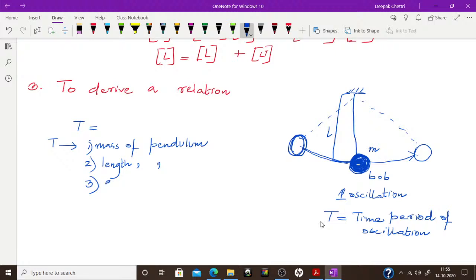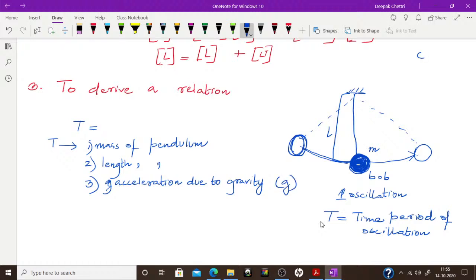Specifically, it depends on the acceleration due to gravity, which is written with the letter g, right? Again, this you must have studied in class 9.